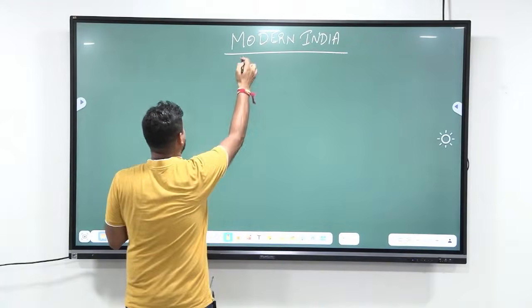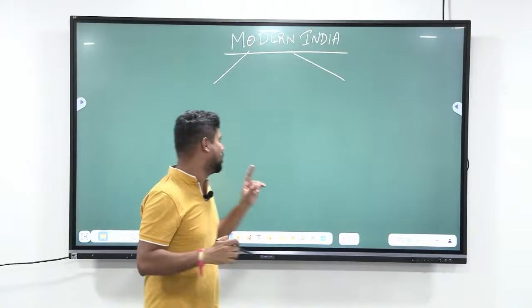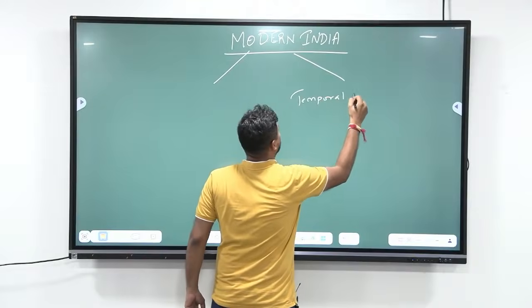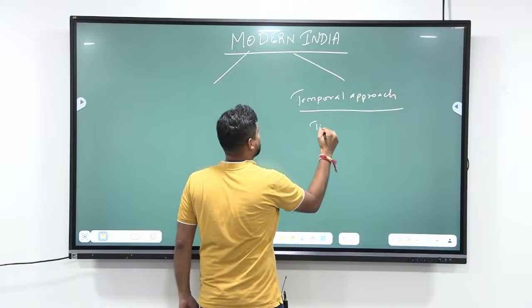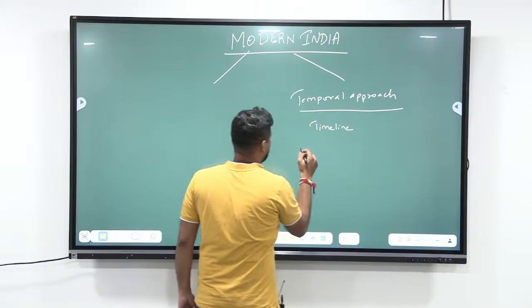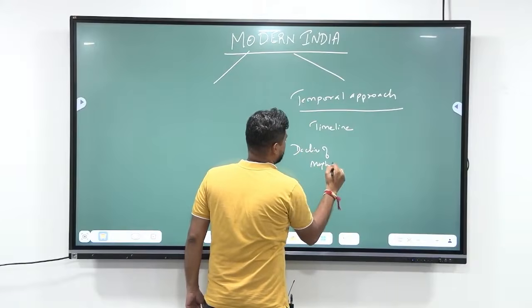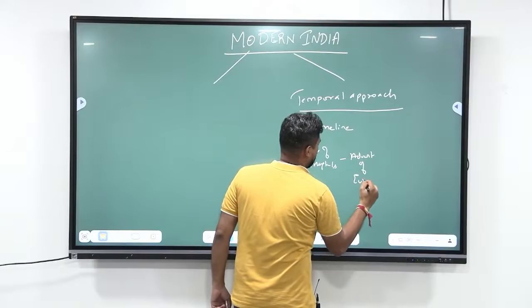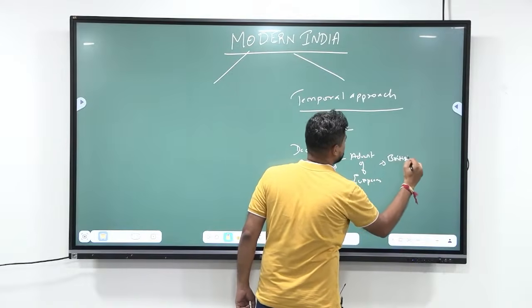Understand that modern India has to be studied in two ways. One is the temporal approach. What do you mean by the temporal approach? Temporal approach means you are going through the timeline. You go from the decline of Mughals, to the advent of Europeans, and from the advent of Europeans to the British expansionist policies.